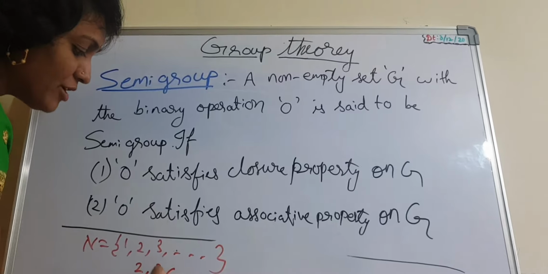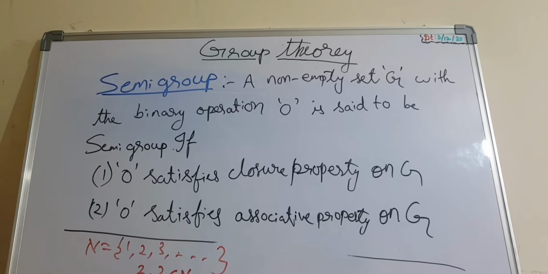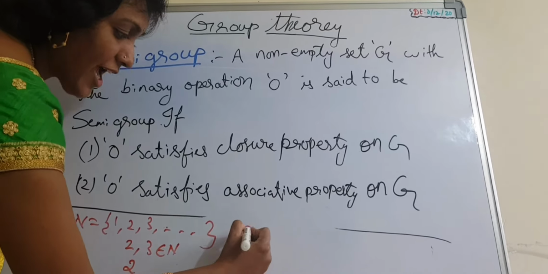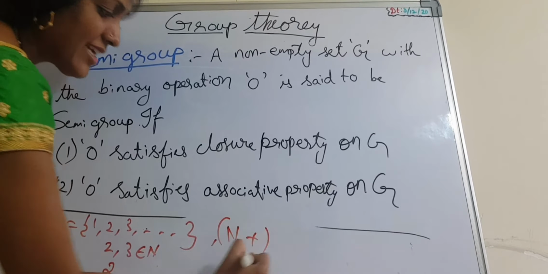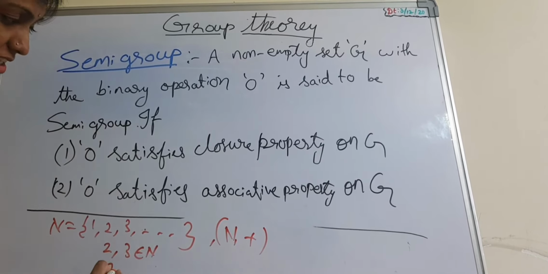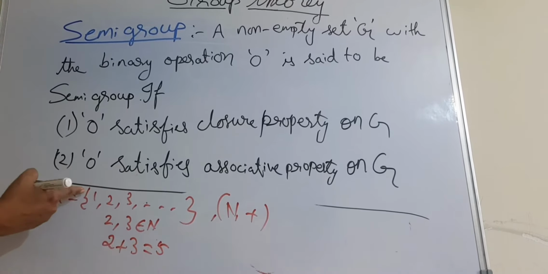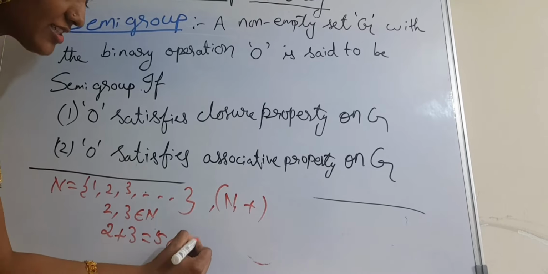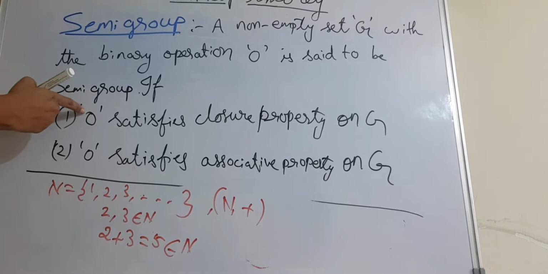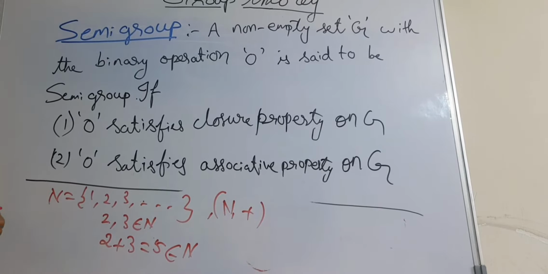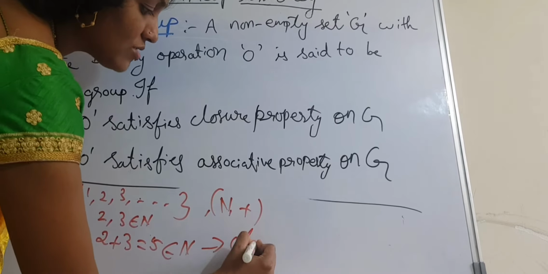I am taking 2, 3 belonging to natural numbers, with respect to plus; we can take any operation, minus also. 2 plus 3, what do we get? 5. Does 5 belong to natural numbers? Yes. N satisfies the closure property.